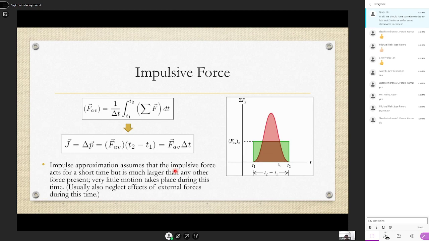So the change in time is so small that the force involved is much larger than any other external force present. External force could be like wind blowing on the car. So during this period, the force usually is so large that we can neglect effects of other forces.